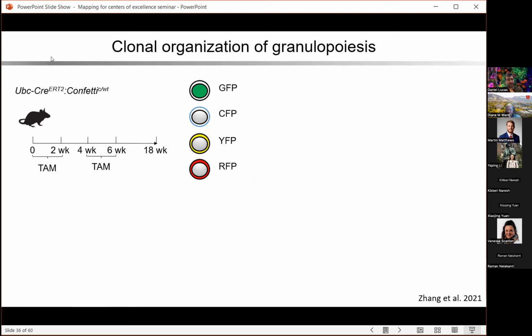In this model, using a global Cre and one confetti allele, giving tamoxifen for 2 weeks, followed by 2 weeks rest and another 2 weeks of treatment, you are going to induce irreversible recombination and expression of either nuclear GFP, membrane CFP, cytoplasmic YFP, or cytoplasmic RFP.